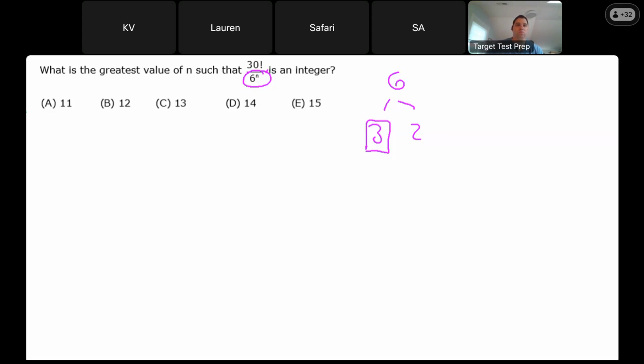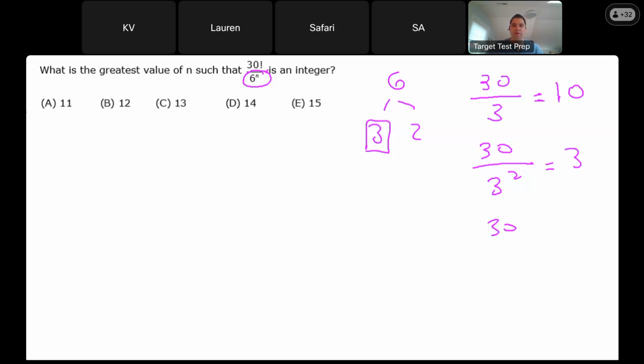So we take 30, we divide it by 3. We do the same thing. We take 30, we divide it by 9. That's going to give us 3.